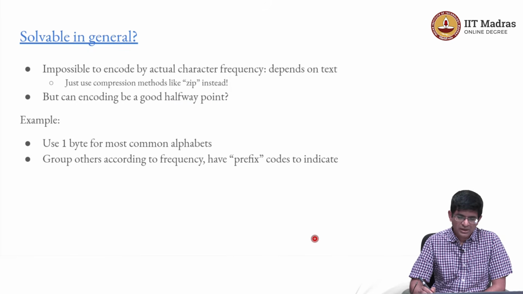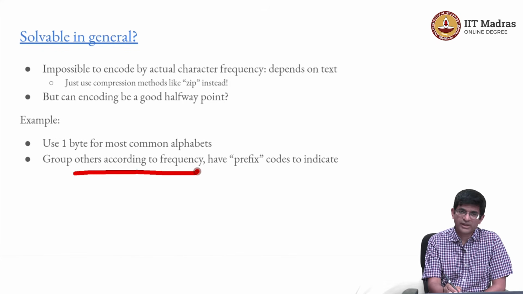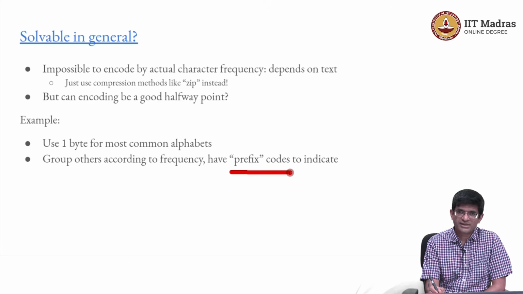Okay. So as an example, let's look at whether there is a way by which I could use 1 byte for most of the common letters, most of the common alphabets, right? While at the same time saying that others I would group according to frequency and have some kind of a prefix code, right? This idea of a prefix code comes from Huffman coding and related concepts.